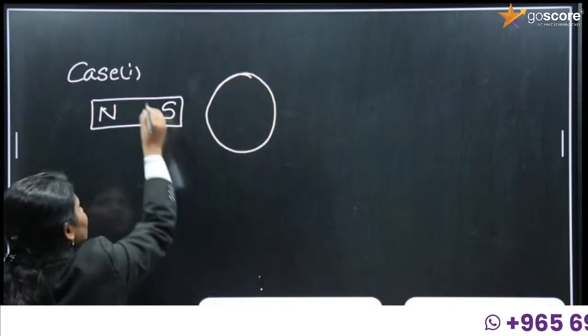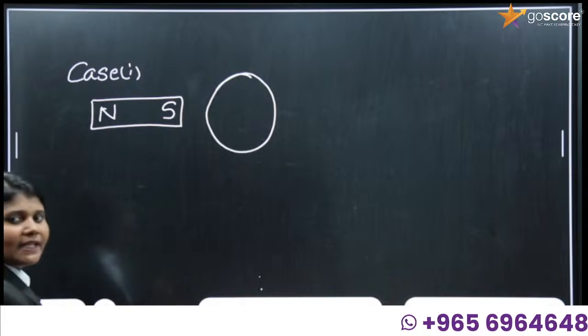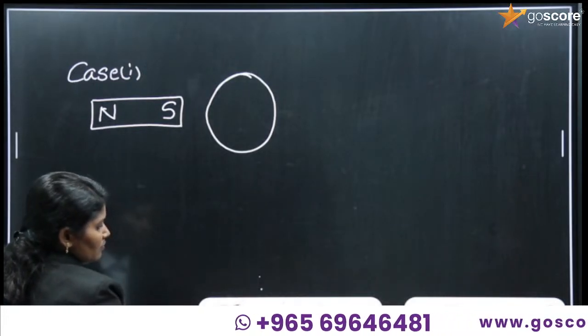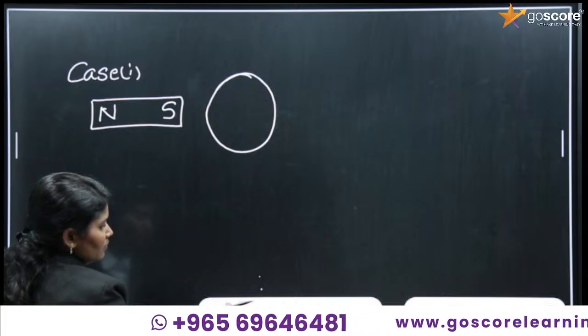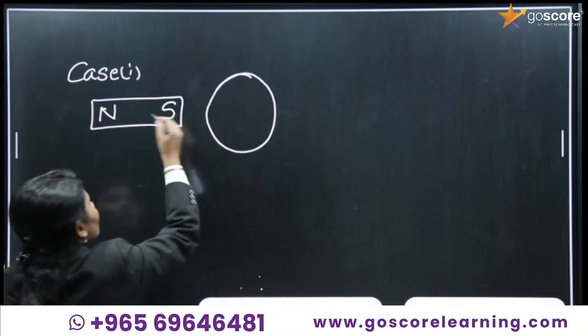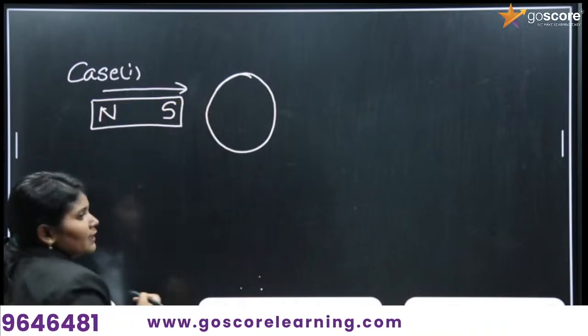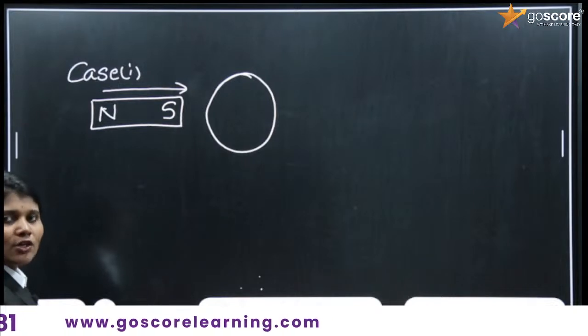It is near to the coil. It means I am taking one magnet and I am taking one coil. Now the magnet is moving towards the coil.